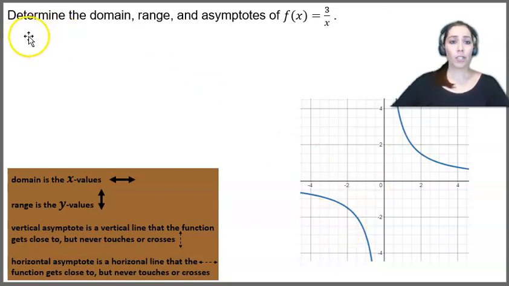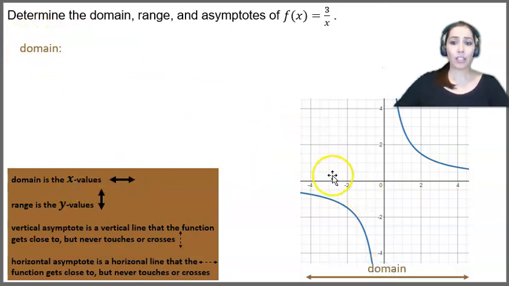So the first thing we're going to do is find the domain. When we're looking for the domain, it's the x values, and our x values are the horizontal axis. As I go left on my horizontal axis, what x value is my function getting closer and closer to? It is getting closer to the x value of negative infinity.